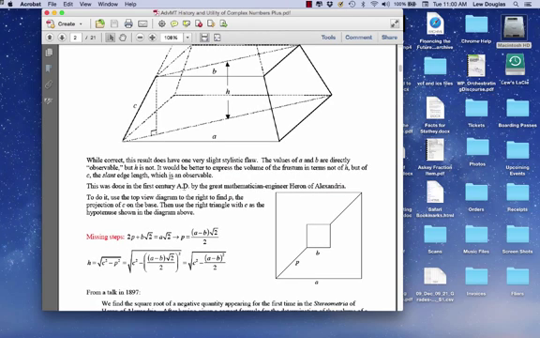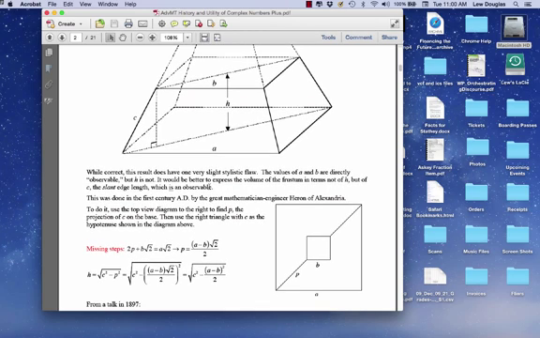And this was first done in the 1st century AD by Hieron of Alexandria. You may have heard of him from the formula for the area of a triangle in terms of its sides only. If not, I can tell you about that in class. In any case, this was done.